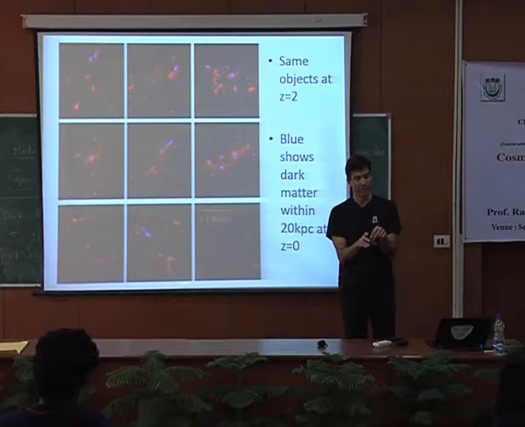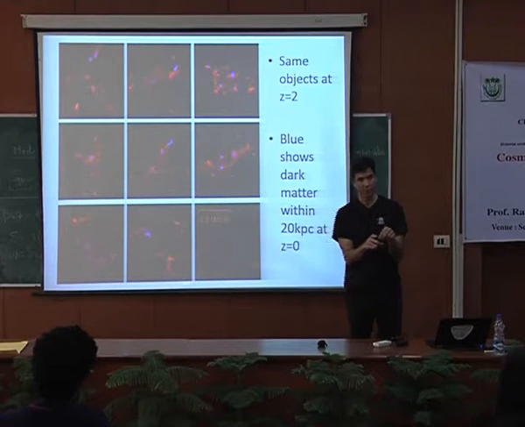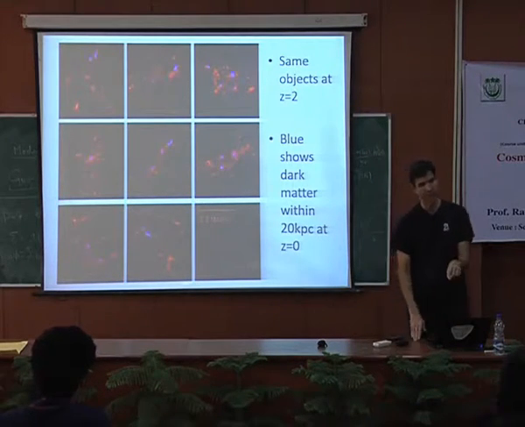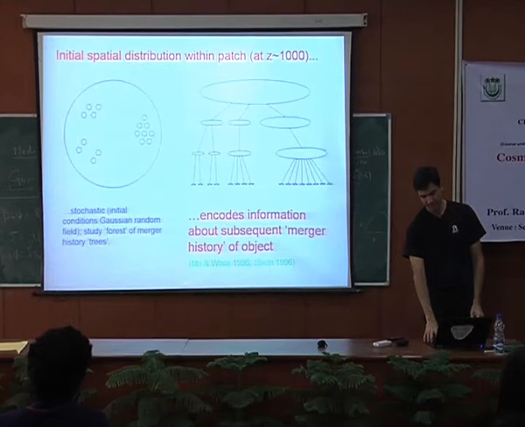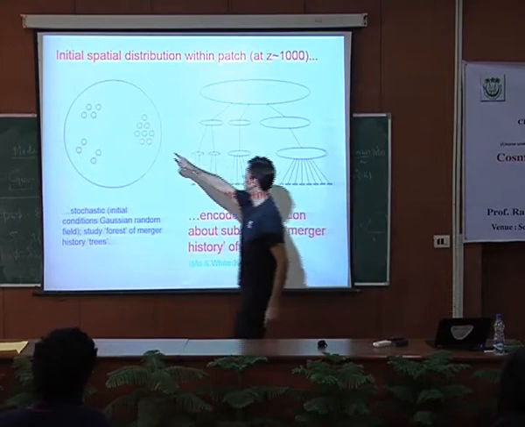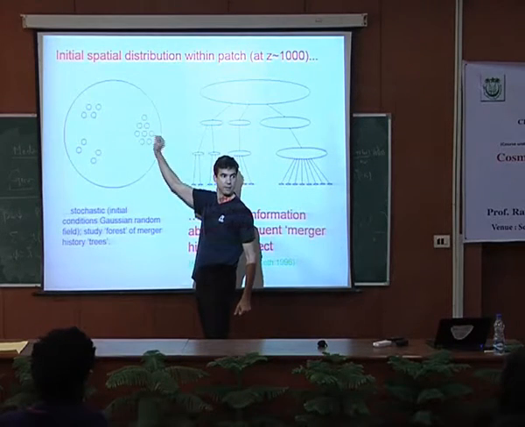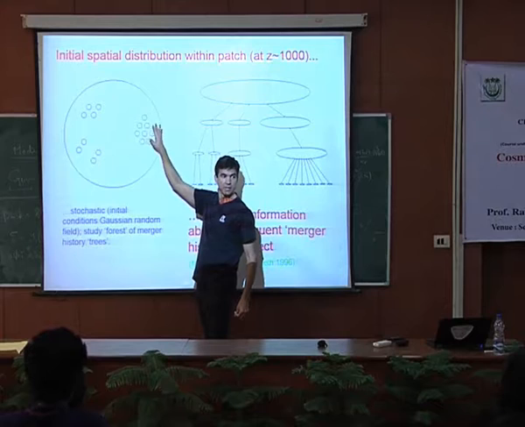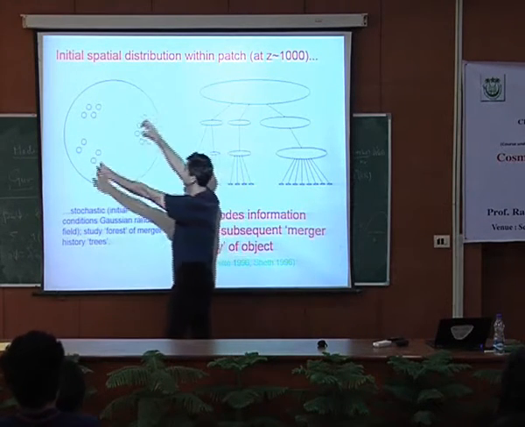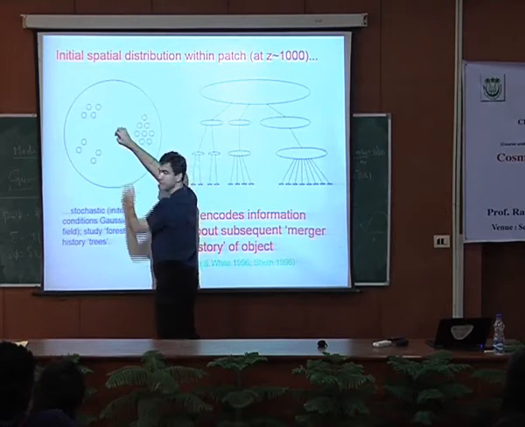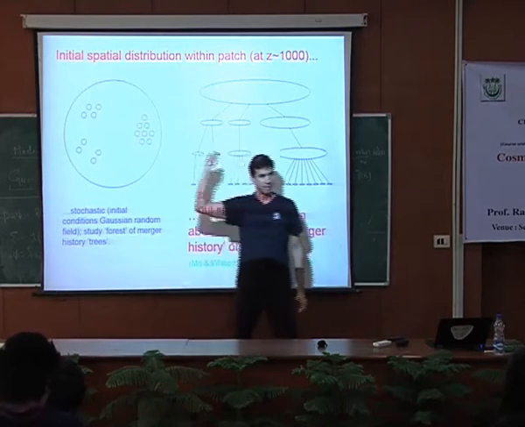But what I'm trying to do with this plot is to show you that I should think of the blue regions here as these things. So these are the smaller guys that collapsed earlier. And then they're going to collapse, and they will all sit right in the middle at the later time.